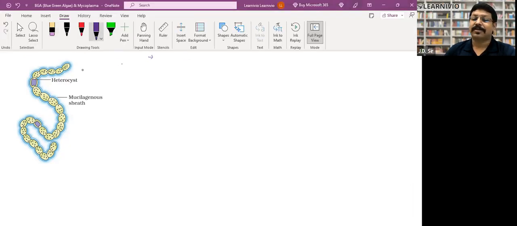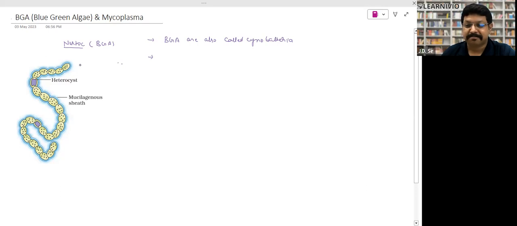This is just a collection of cells. Why? Because the protoplasm is not interconnected. Until the protoplasm is interconnected, you cannot call it multicellular. They are just bound with a substance called the mucilaginous sheath. It is made up of carbohydrate, means sugar, and it is a gel-like substance. So what do we call a collection of bacteria?